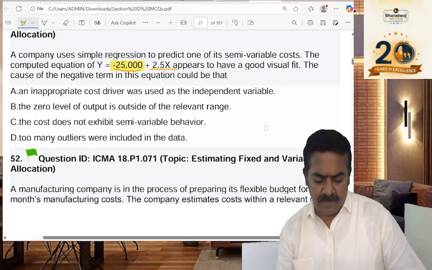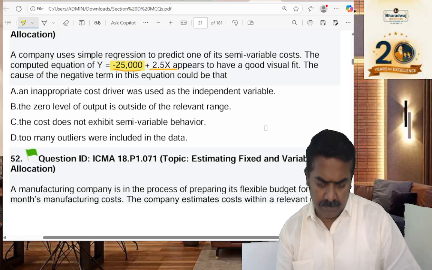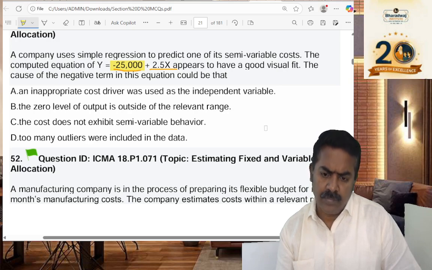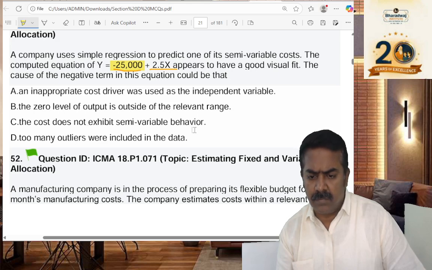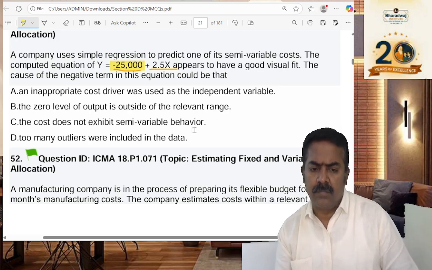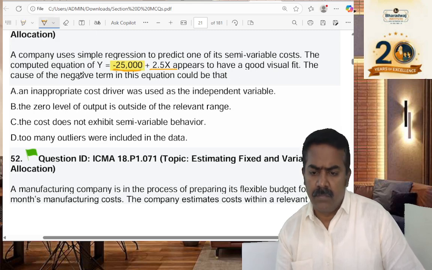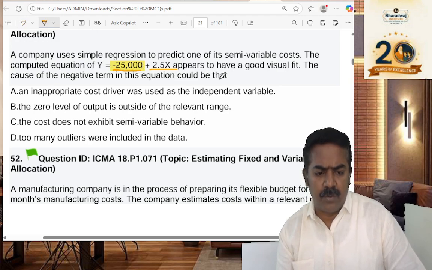It is a negative term. What is the meaning? Negative term in this equation could be that normally fixed cost should be positive.